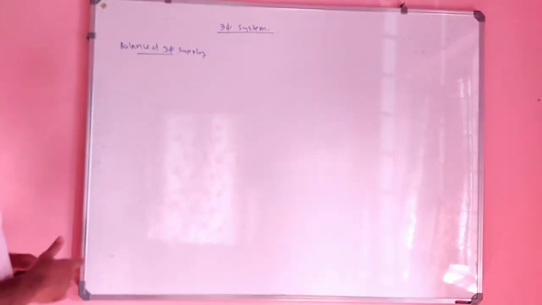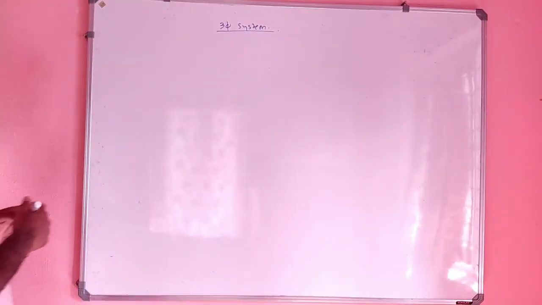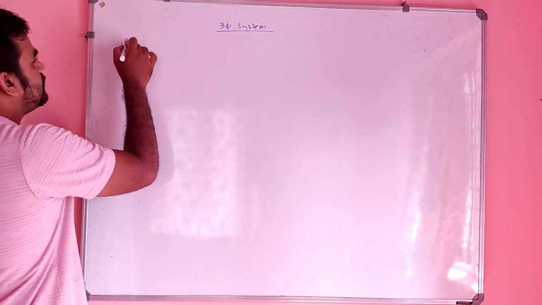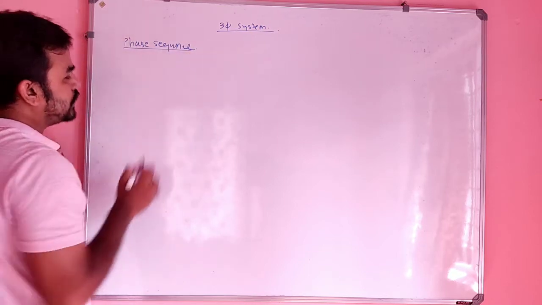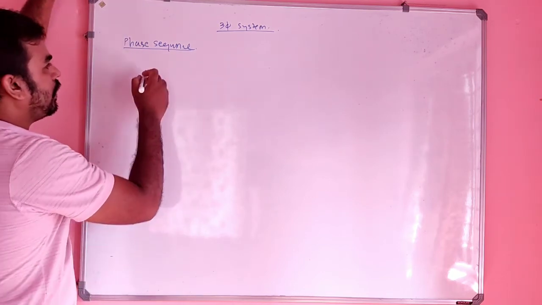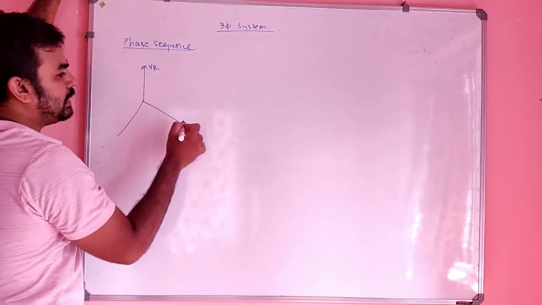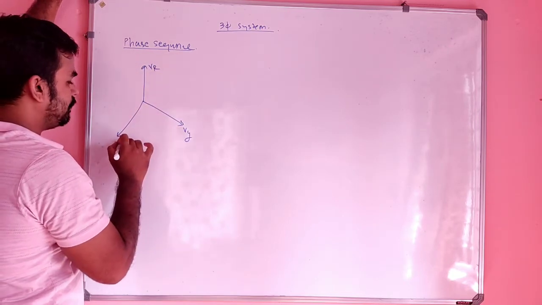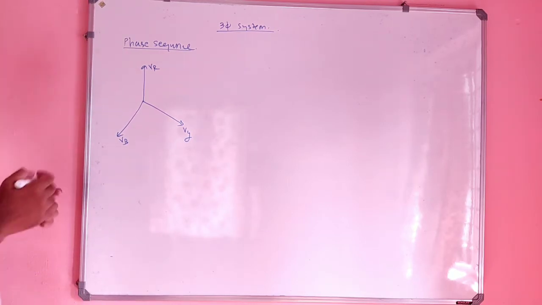Okay. And let's see, I think you have already heard this term, phase sequence. Phase sequence means, suppose I have three phasors, let them be VR, Vy and Vb.